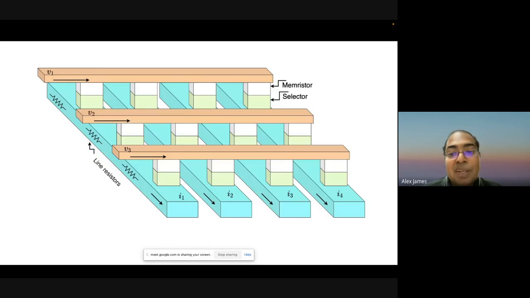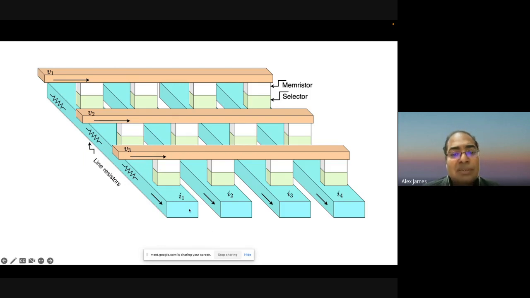This is an arrangement of a crossbar. What you have here is a memristor and a selector device stacked together in a crossbar manner. So the currents here actually represent the weighted summation, the weights being that of the node consisting of the memristor and selector. And the inputs are the voltages.